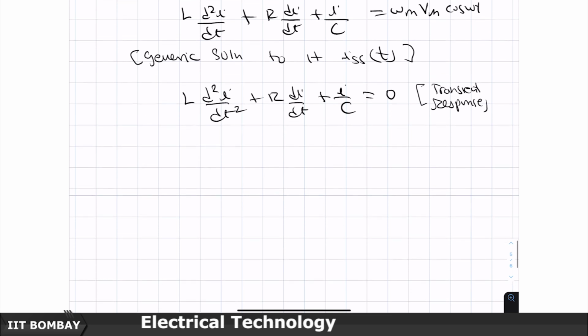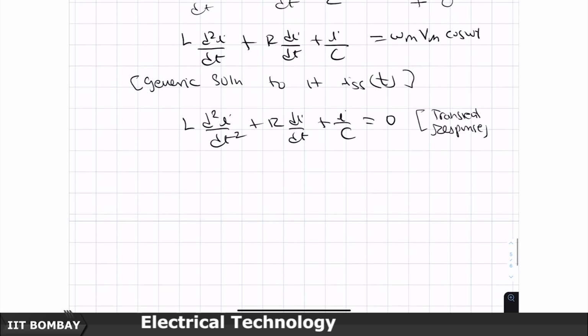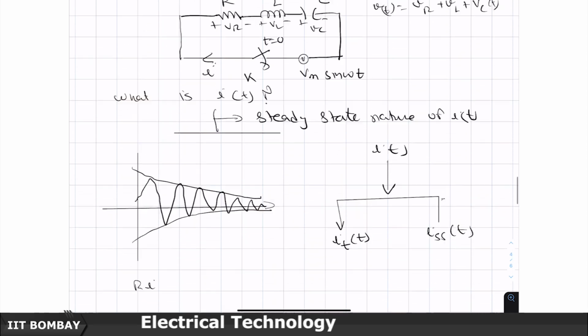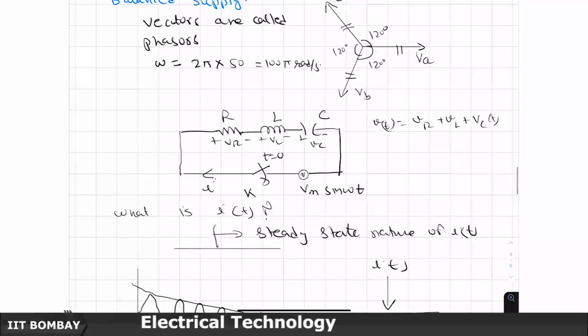Now, this transient response will come into the picture in this circuit only if the capacitor has some charge on it. Otherwise, this circuit will not have any transient response, because the switch is open till t equal to 0. So, it cannot carry any current, and the only possibility is of the capacitor having a voltage.